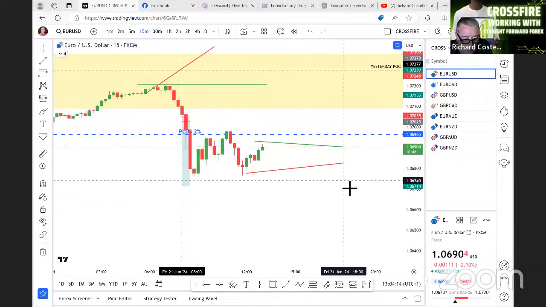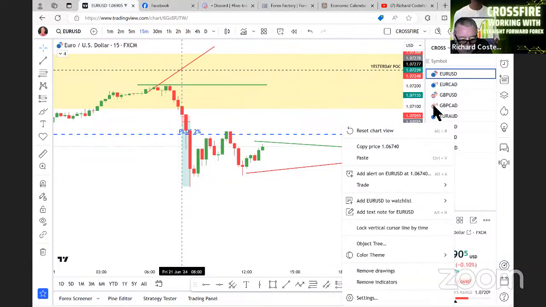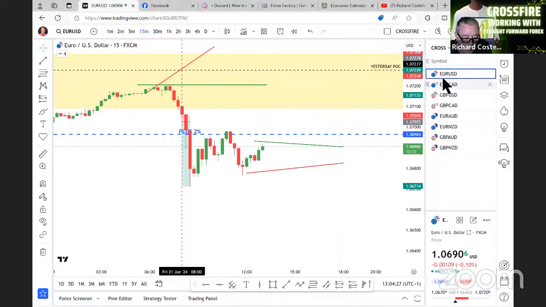And I'm going to start by saying on Crossfire in the afternoon session, we look at these first four pairs. So it's Euro US, Euro CAD, GBP US, and GBP CAD. Those are the four pairs.